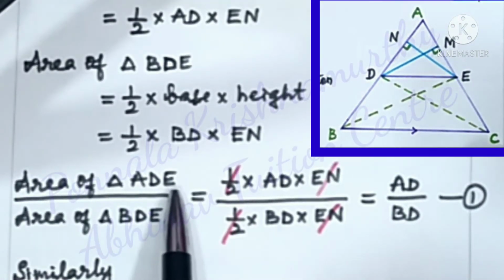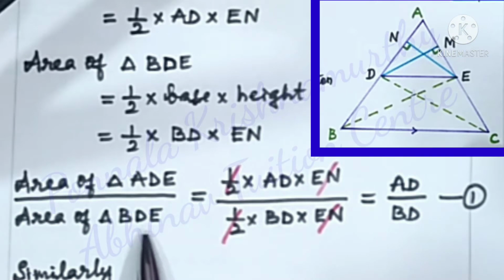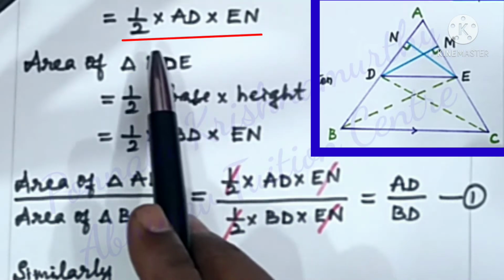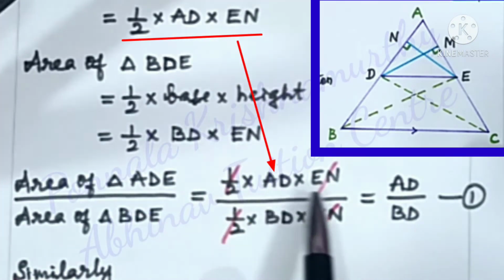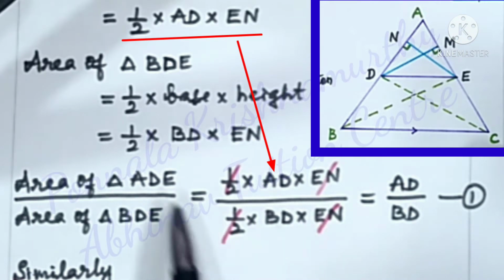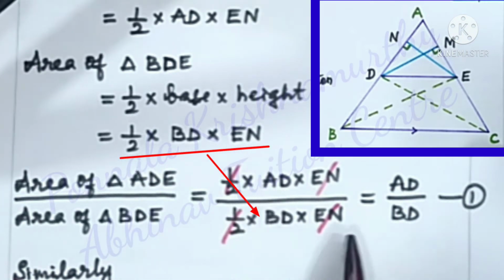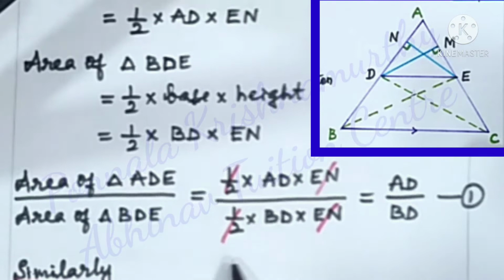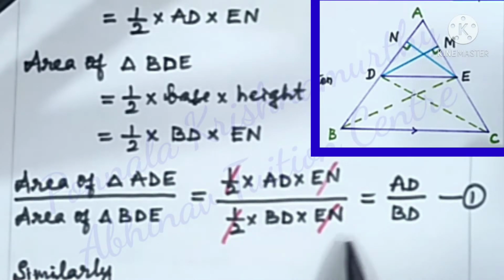Area of triangle ADE by area of triangle BDE is equal to half into AD into EN by half into BD into EN. These two are cancelled. That is equal to AD by BD.